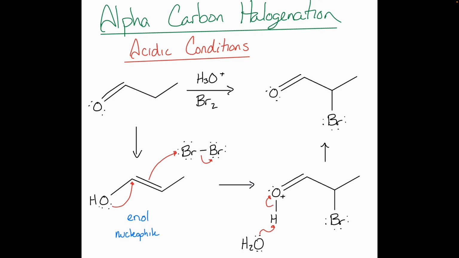And specifically, if we have this ketone under acidic conditions and we look at its enol form, we can see that that double bond plays the role of a nucleophile, allowing us to brominate, or halogenate, that alpha carbon position. Cool. All right, we're going to continue talking about alpha carbon chemistry next week, but we're going to stop there for today.